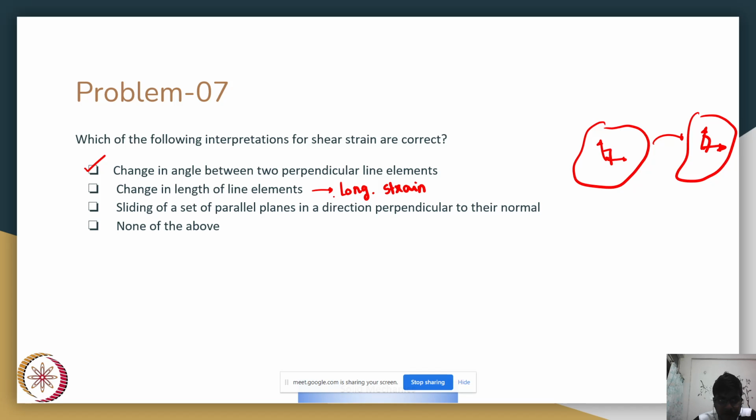Okay, the third interpretation is: is it a sliding of a set of parallel lines in a direction perpendicular to the normal? So suppose this is the normal, these are the parallel lines, and they are being slid in this direction. So is this, either in this direction or even in this direction, shear strain?